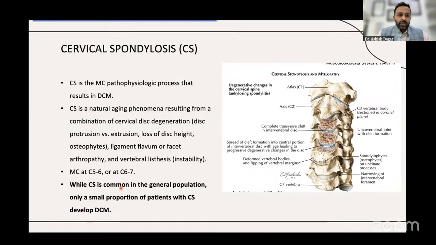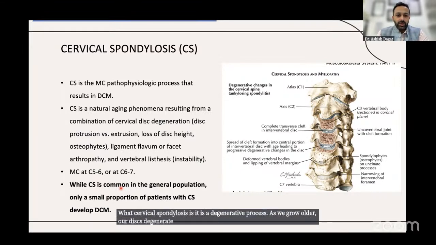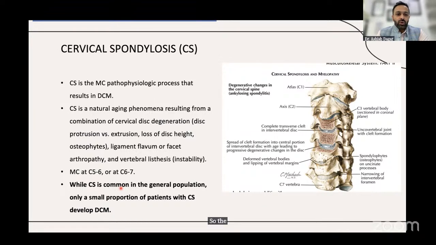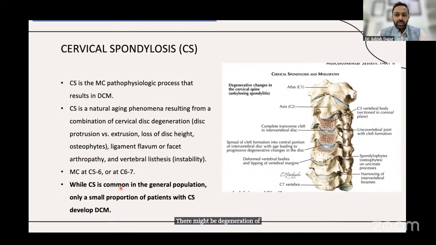What cervical spondylosis is, it is a degenerative process. As we grow older, our discs degenerate, the disc height reduces, the disc might bulge, the bulge usually calcifies, the spine becomes unstable because of all these things, and our body reacts with formation of different osteophytes. So the complex is called the disco-osteophyte complex, which causes the main pathology. There might be degeneration of the facet joints which are behind.